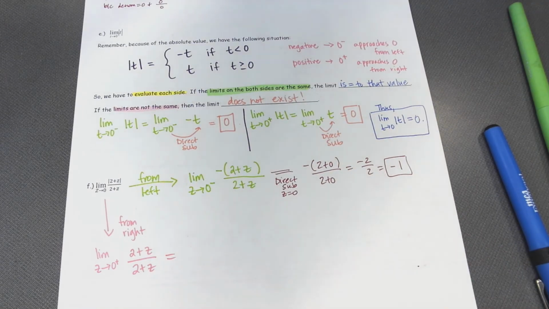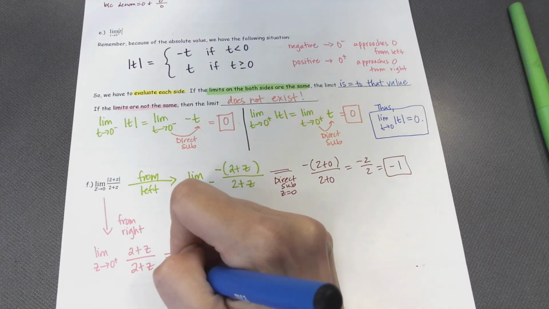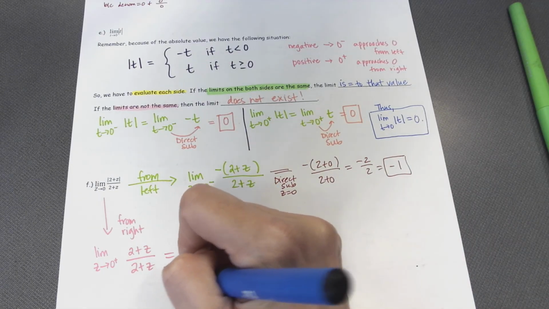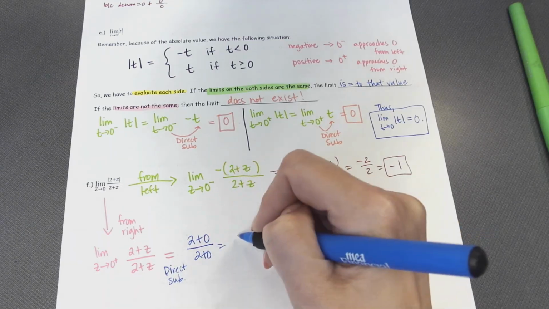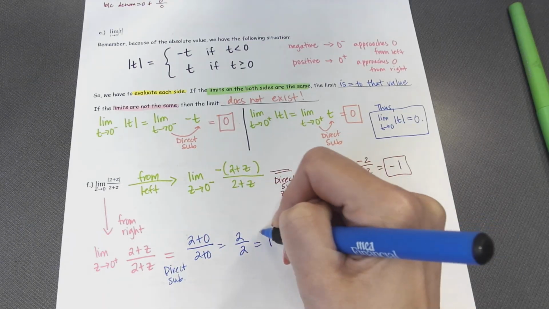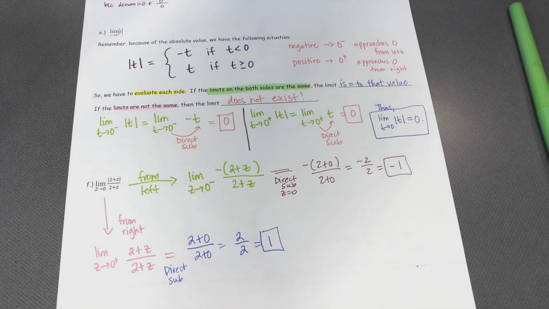So if you do the direct substitution and you plug in 0, what did you guys get at the end? 1. So the direct substitution, you have 2 plus 0 over 2 plus 0, which is 2 over 2, which is going to be 1. And what do we know about our limit?